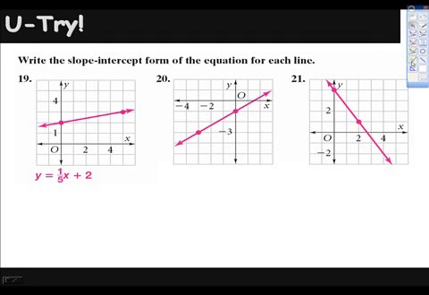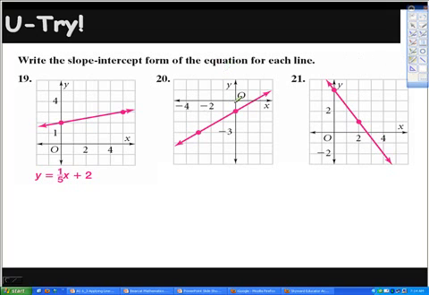Let's see, we've got a y-intercept here at -1. Let's see if we can count the slope out. This rises to this point and runs to this point. So how far does it rise? It rises 1, 2, and it runs 1, 2, 3. So rise over run, my slope would be 2 over 3.